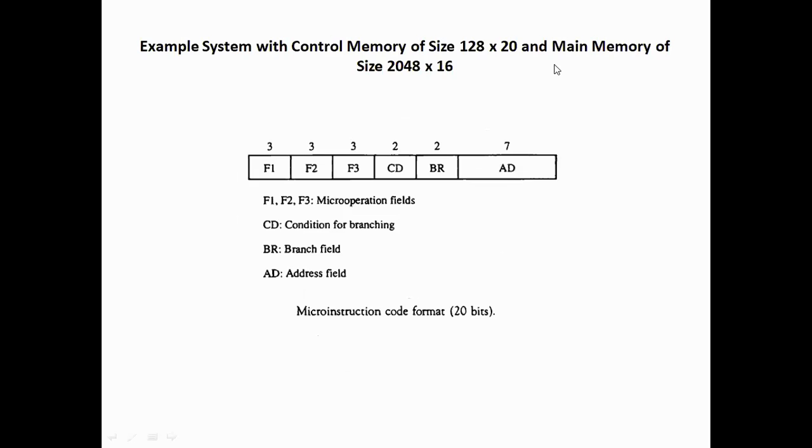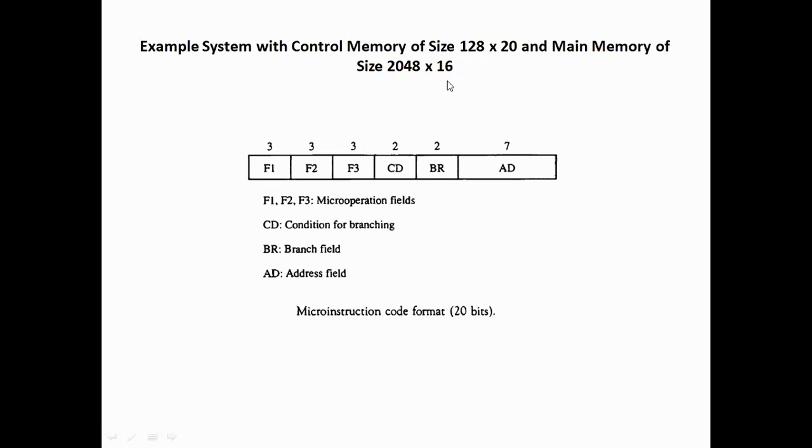Now let us take an example here. You can see here, this is an example system where we say that we have a control memory of size 128 into 20. Fine. So the size of control memory is 128 into 20, which means that the word size is 20 bits. Fine. And there are 128 words at max in the control memory. And let us say that our main memory is of size 2048 into 16.